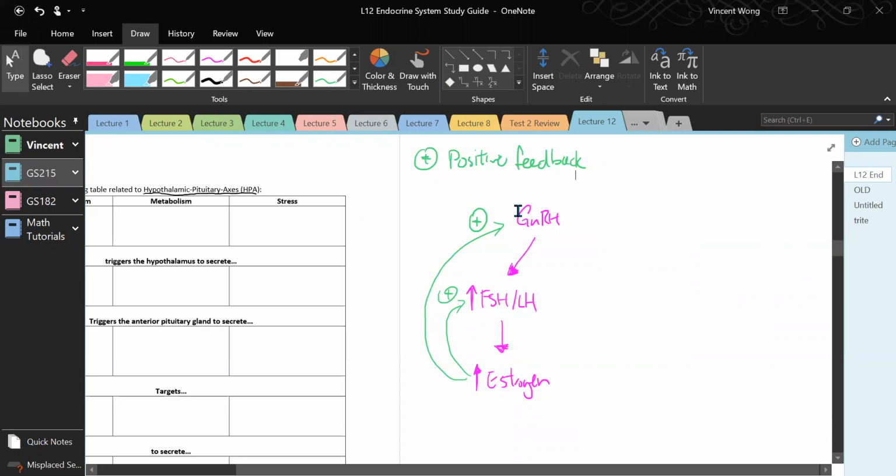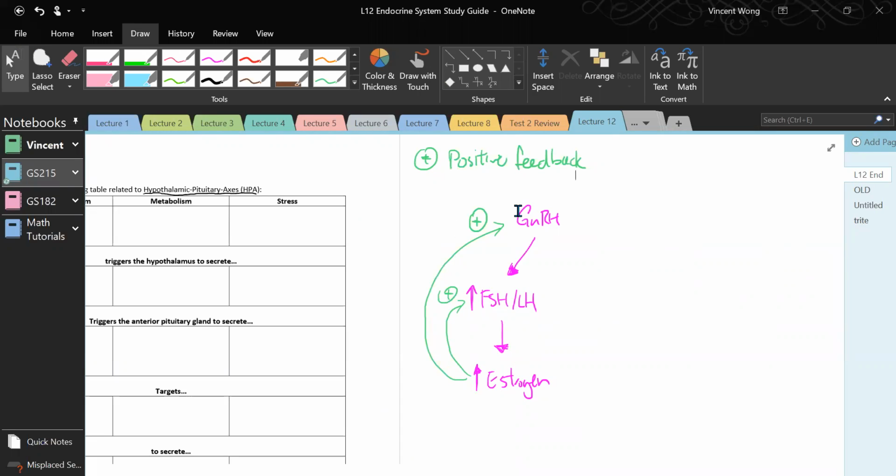Okay, so another example that's easier to understand is giving birth. Even if you have not given birth before, or you have not seen someone give birth, you can still try to understand this. To push the baby out, you begin with a little bit of contraction.